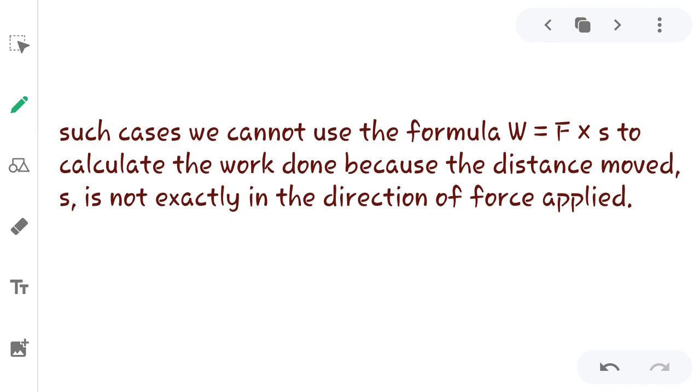But here when the force acts obliquely, the direction of force is something else, and the direction of motion is quite something else. Because of that reason we don't use the formula W is equal to Fs, because if we use this formula, then we'll get a wrong answer, because the direction of force is not exactly with the direction of motion.